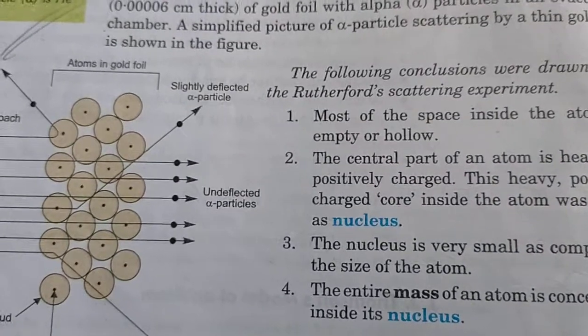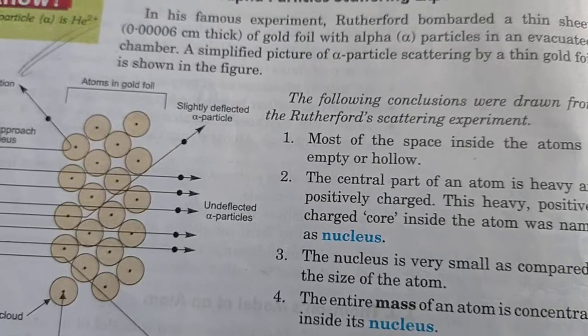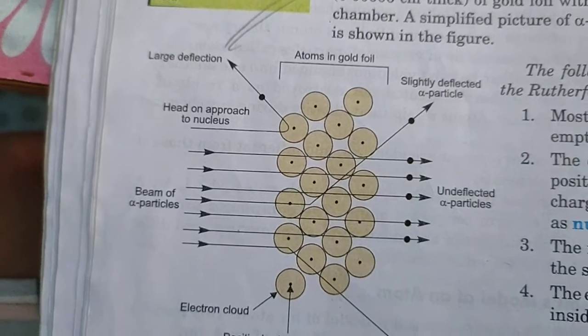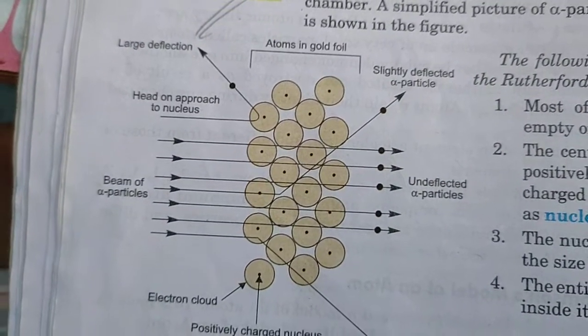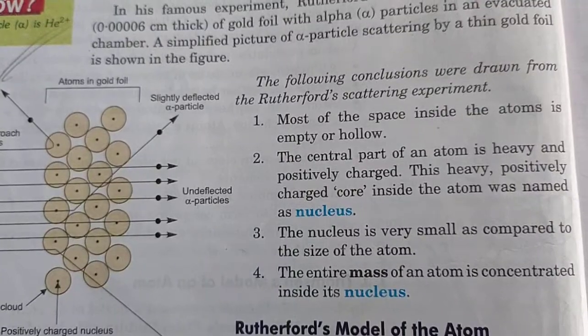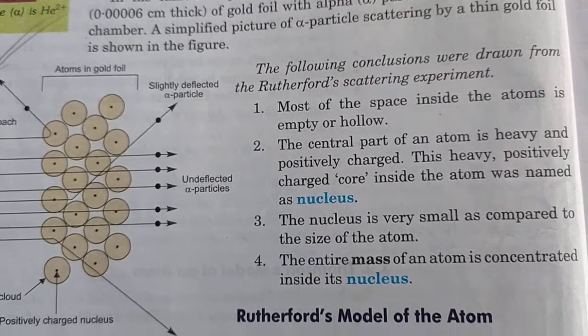This nucleus is very small as compared to the size of the atom. That is why when a ray approaches the nucleus head-on, large deflection takes place. Then the entire mass of an atom is concentrated inside its nucleus.